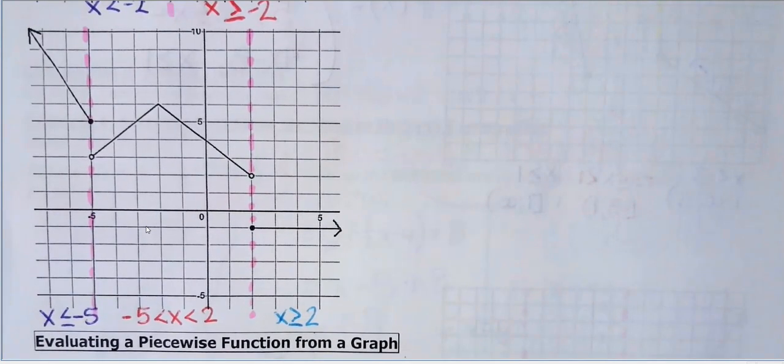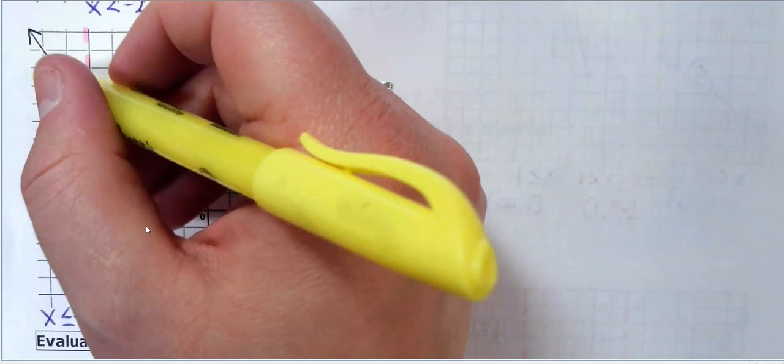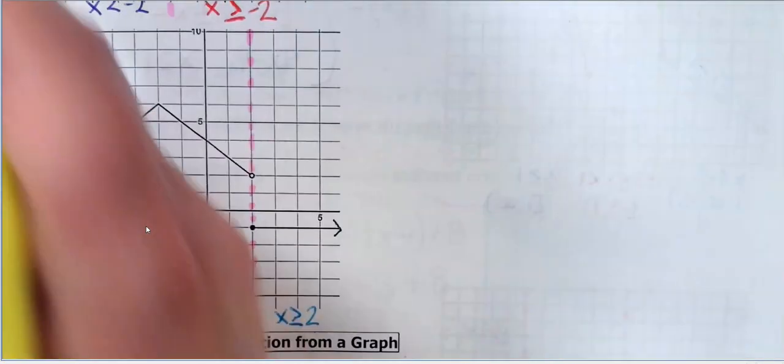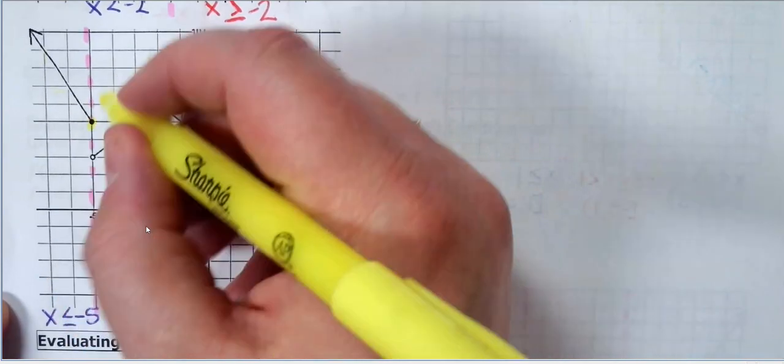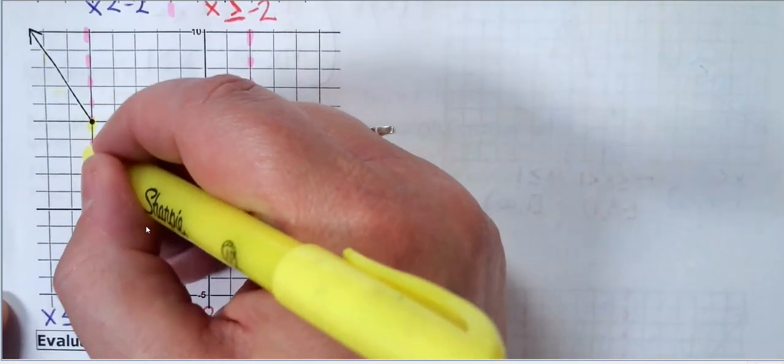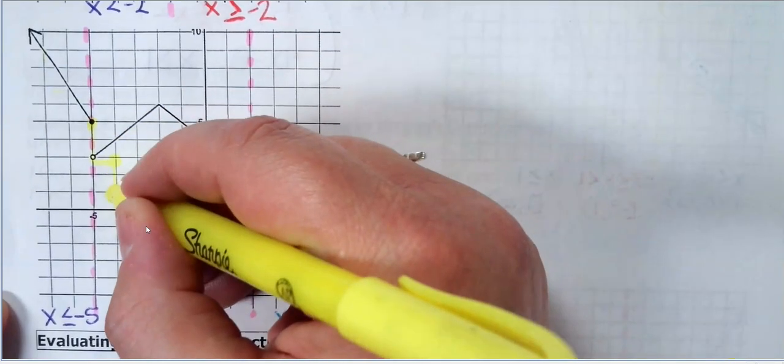Okie dokie. That is our slope here. And feel free to draw on the graph if you want to. Looks like our slope is -2, right? And this is kind of far away from the y-axis. I'm just going to continue that. Or if you want to grab 2 points and do it algebraically, you totally can. But I'm just going to go down 2 over 1, down 2 over 1.